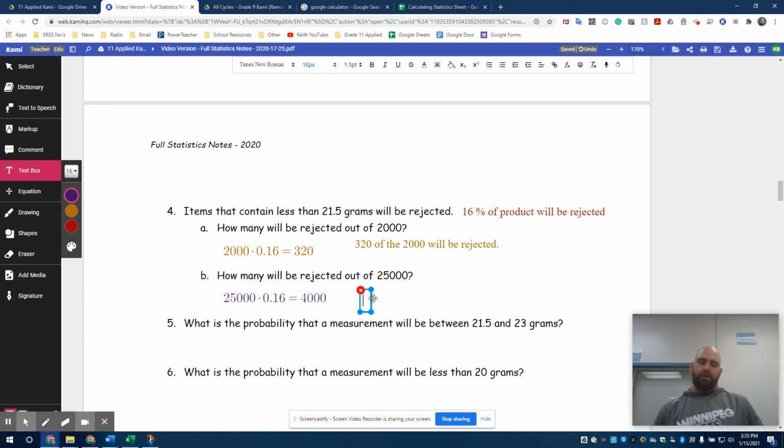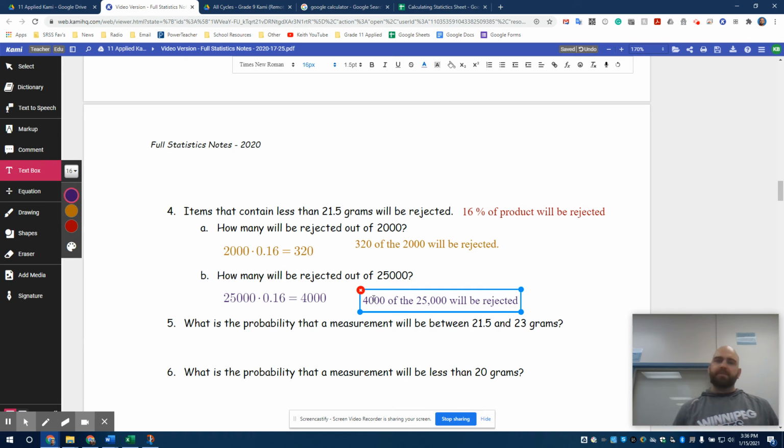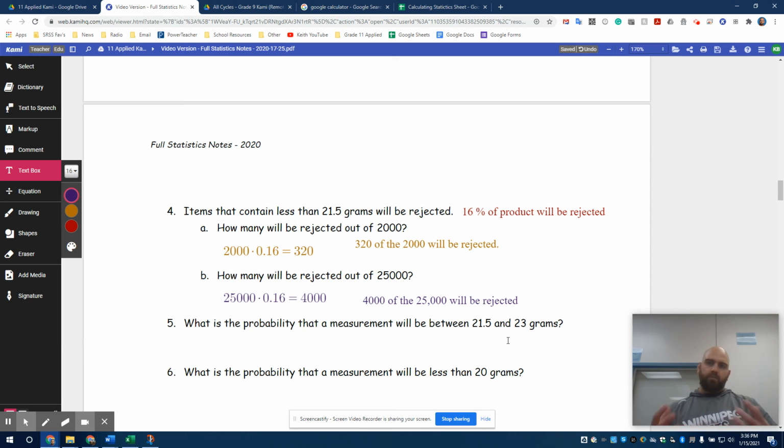And we can write that out in nice, neat order. 4,000 of the 25,000 will be rejected. So we find the percentage, we determine what percentage it's going to be, and then we multiply the percentage by the total to determine what number is a part of it.